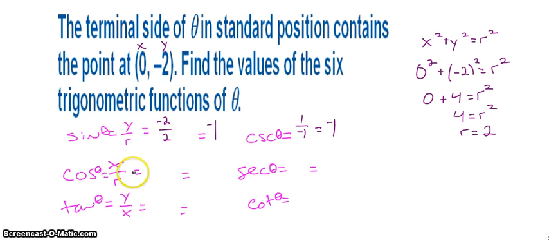For cosine of theta, we have our x value over our radius. So x value is 0, radius is 2. 0 over 2, 0 over any number is just 0. For my secant, I'm going to flip my fraction. So 2 over 0 is undefined.